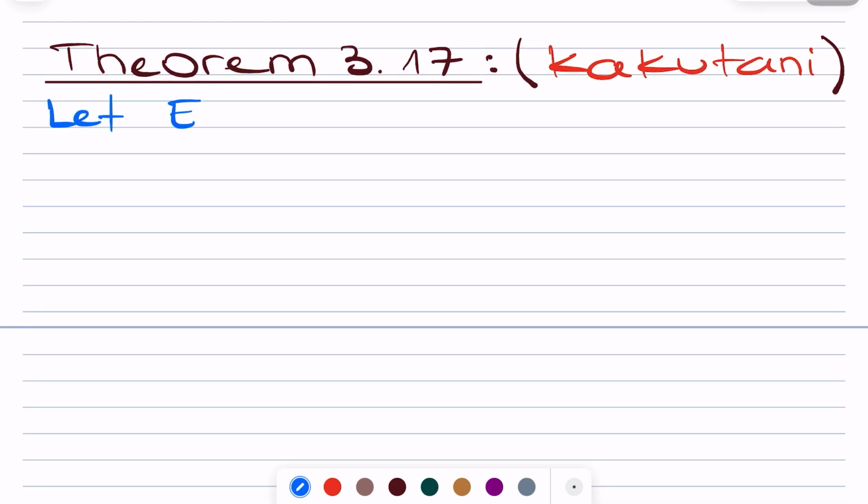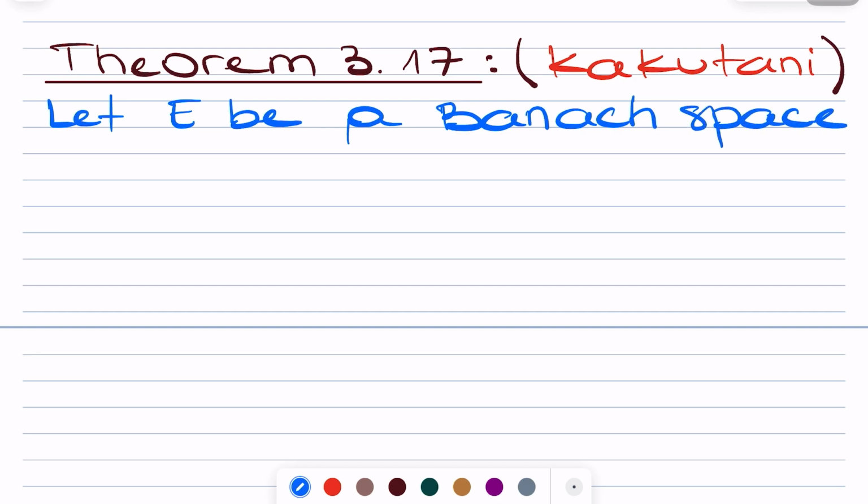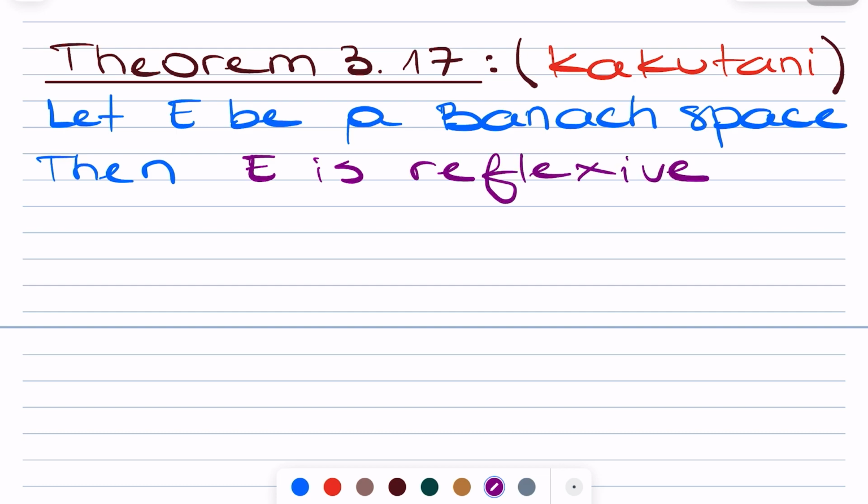Let E be a Banach space. Then E is reflexive if and only if the closed unit ball is weakly compact, I mean compact for the weak topology.